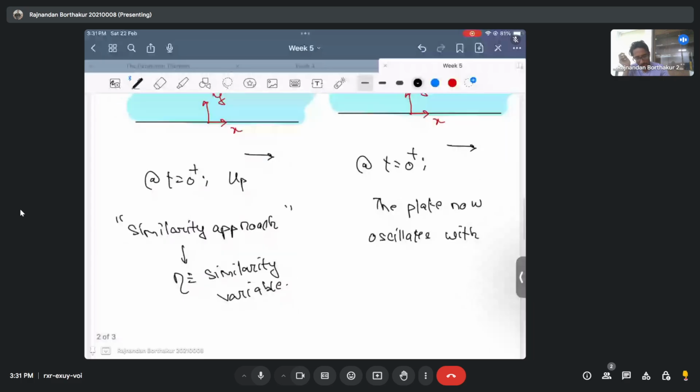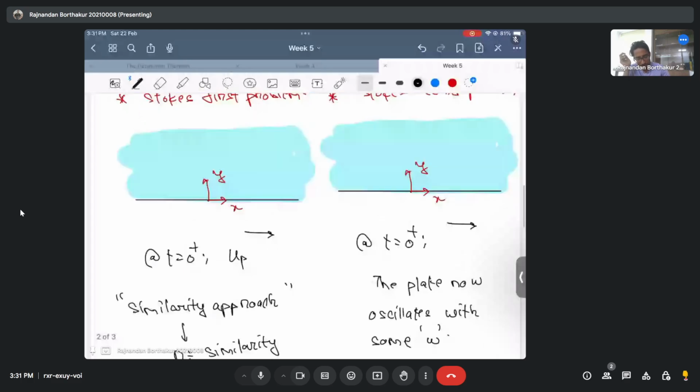So instead of giving a push to the plate in just one direction, you make the plate oscillate with some velocity u p equal to u naught cos omega t, where u naught is the amplitude and omega is the frequency with which the plate oscillates.